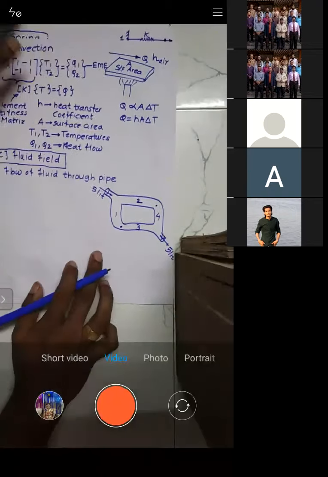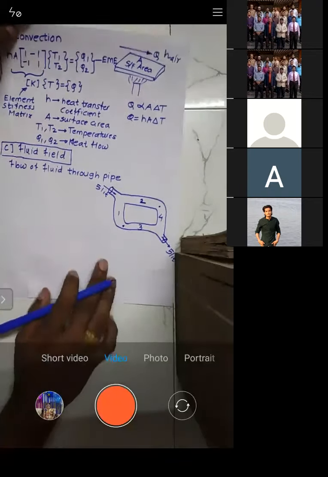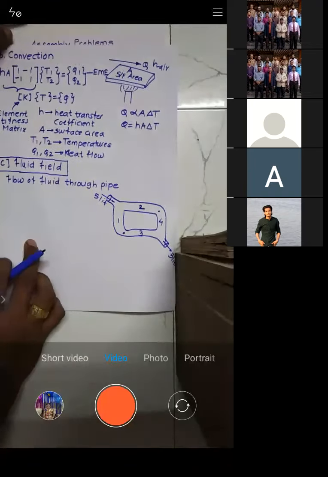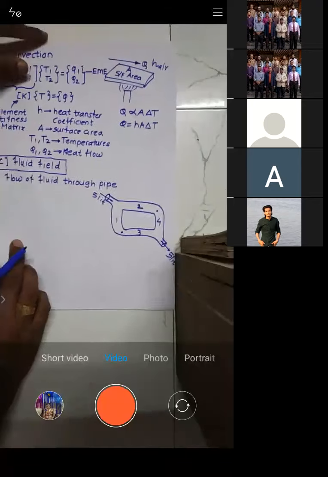If I need to determine those terms, I need to write down the EME, the element matrix equation. So what is the element matrix equation?